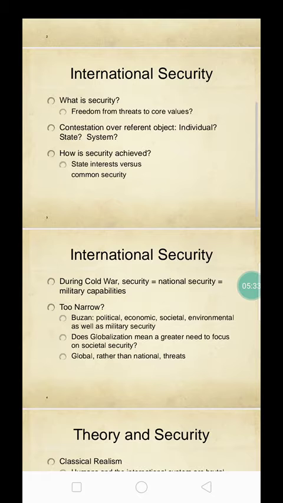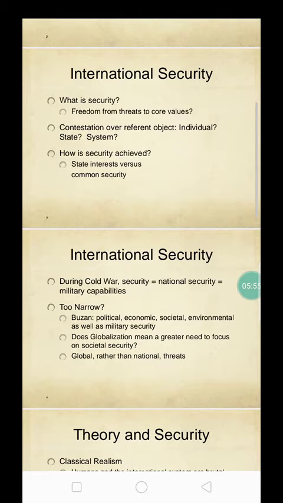Lastly is military security, which is the realm of traditional security. It deals with the legal status of arms and the inability to decide on one state. Buzan did not stop at the traditional referent object, but he also broadened it and added more.